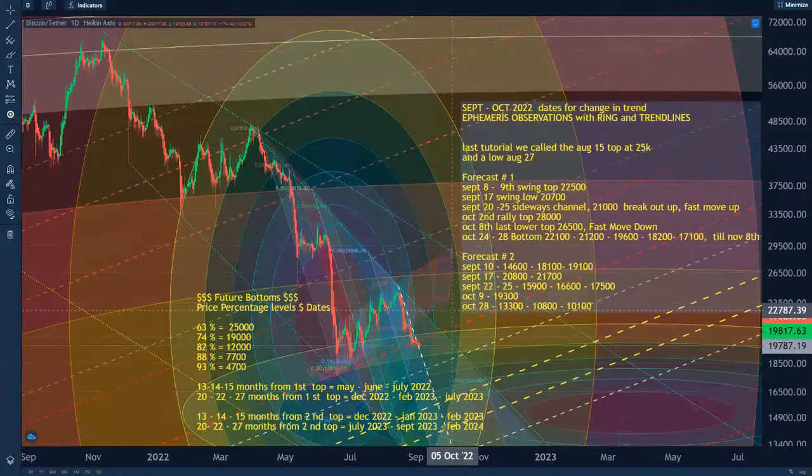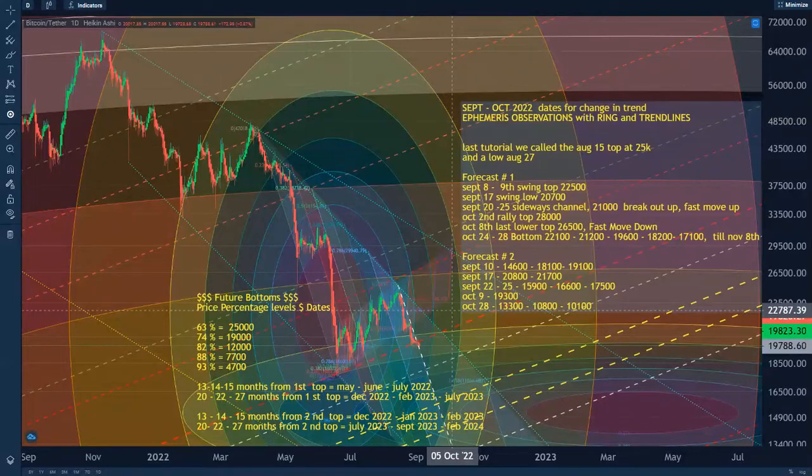If you go back to the tops, say in 2017, and move forward 1,000 days, we find that is the next place where the fast moves happen. What would that look like from our April 13th, 2021 top? Well, 1,000 days would be January 12th, 2024. That would be the next potential fast move up.